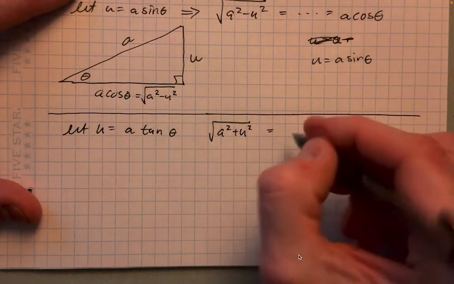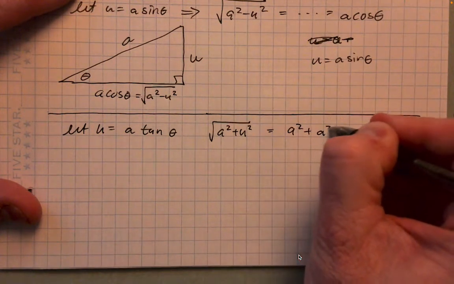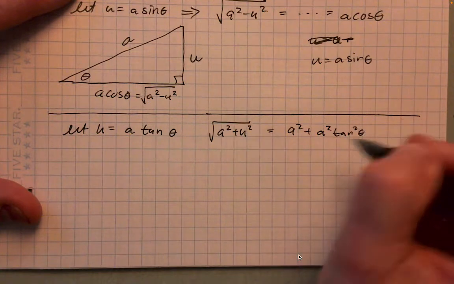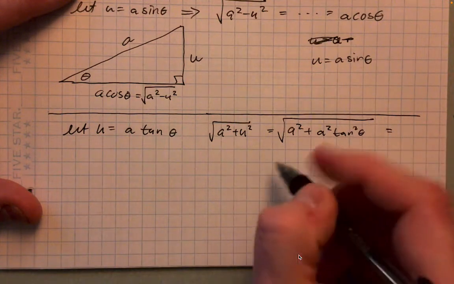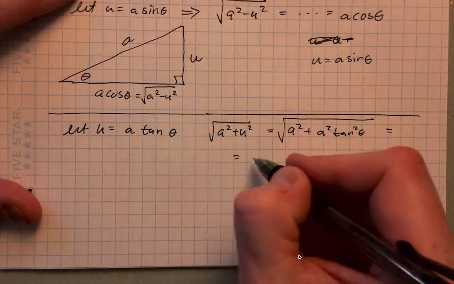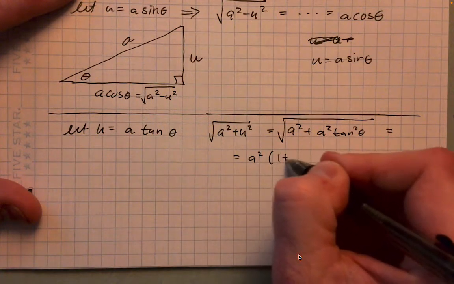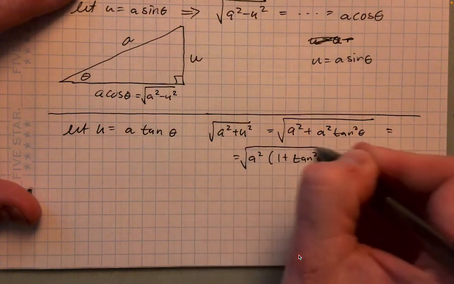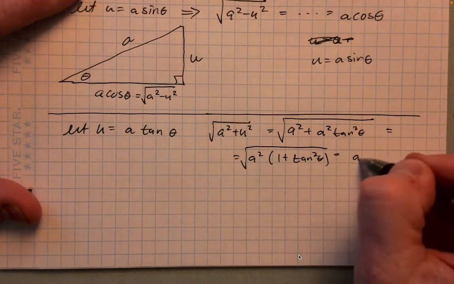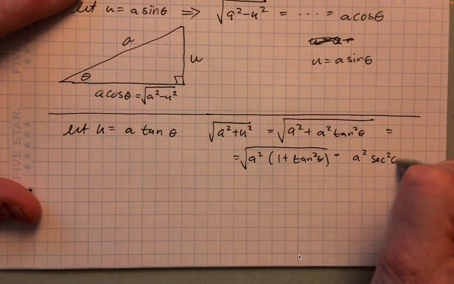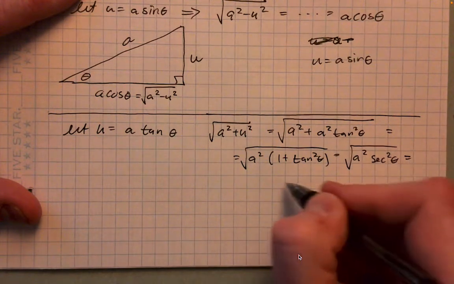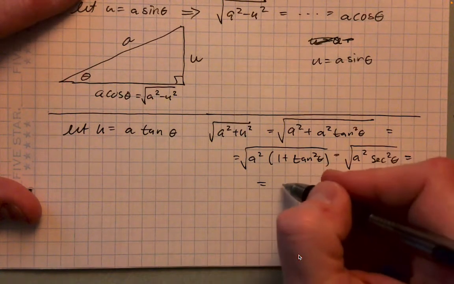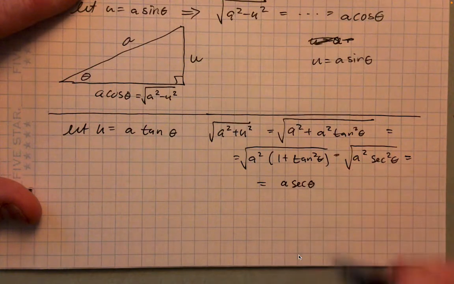And what we get is the square root of a squared plus a squared tan squared theta. Okay, and that's equal to a squared times 1 plus tan squared theta. And so, of course, you get a squared secant squared theta. And so you just get a times secant theta.